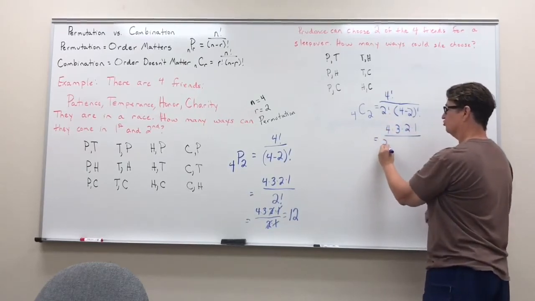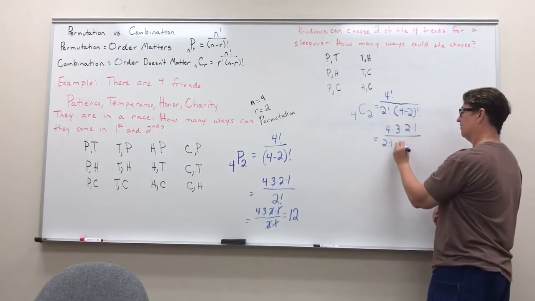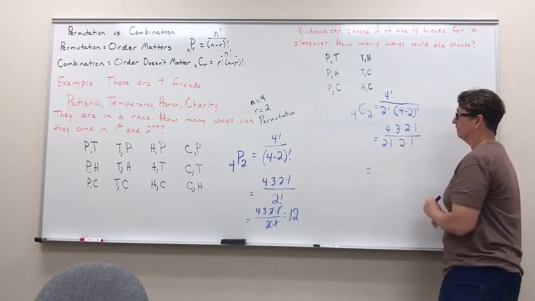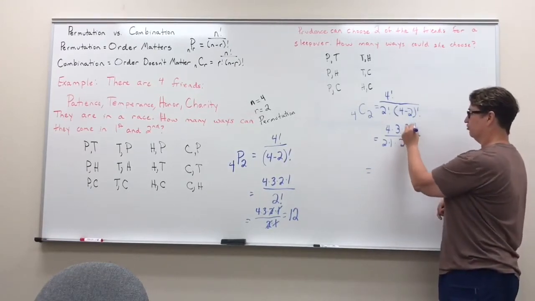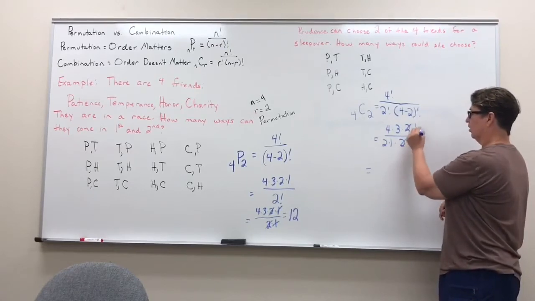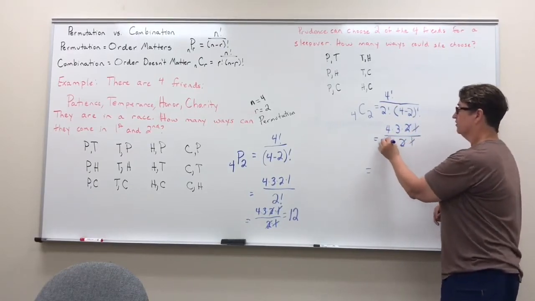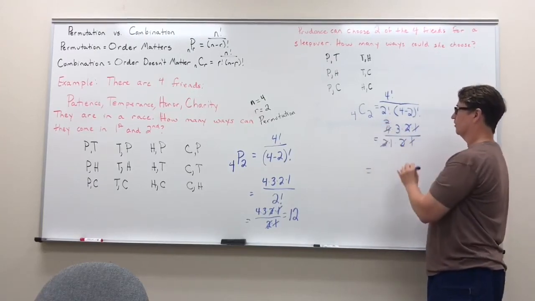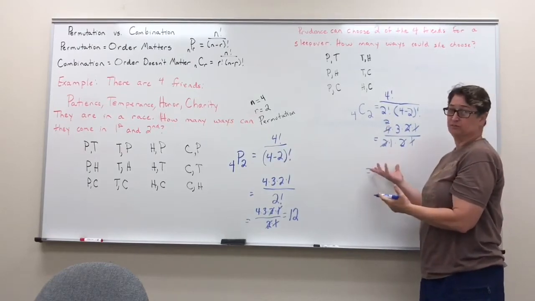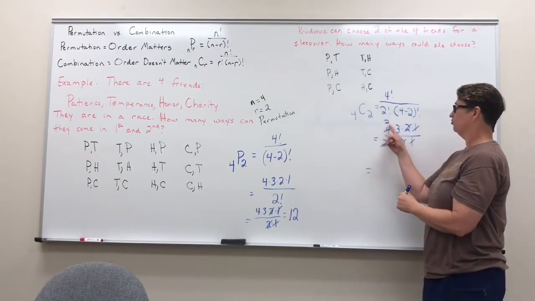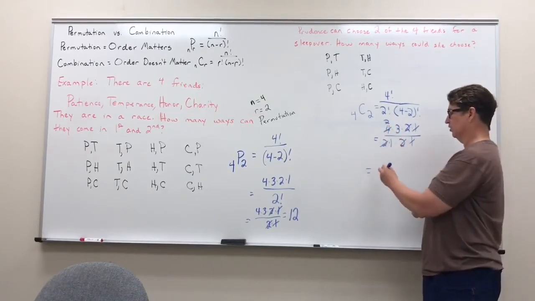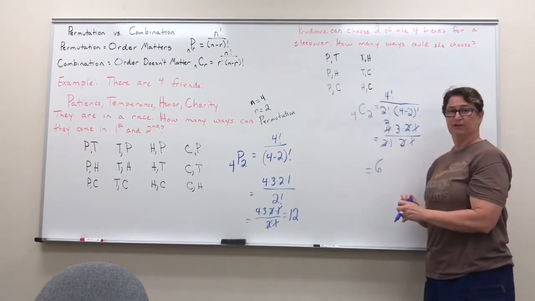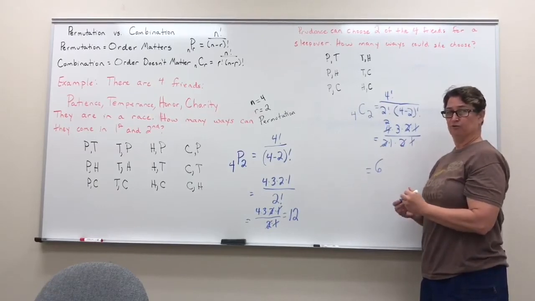On bottom I have 2 times 1, and then I have that times 2 factorial, or 2 times 1 again. Here this 2 and that 2 become 1. This 1 and that 1 are 1. This 4 divided by that 2 is 2. And 1 on bottom just gives me a whole number. So on top I here have 2 times 3, which is 6, divided by 1 just gives me the 6. There are 6 different ways, and sure enough, there were 6 different ways for us to invite our friends over.